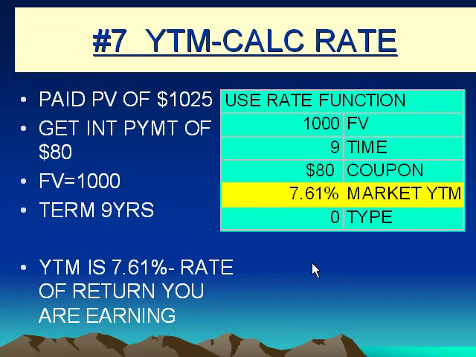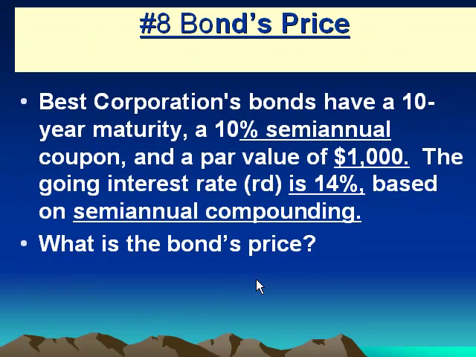Use the rate function, and you will get the rate as 7.61%. If you click on the rate, enter the 1,000 as future value, 9 years, time is 9. Then solve for rate and make sure you format the cell as a decimal to 2 decimal places. So yield to maturity is always you're solving for rate.